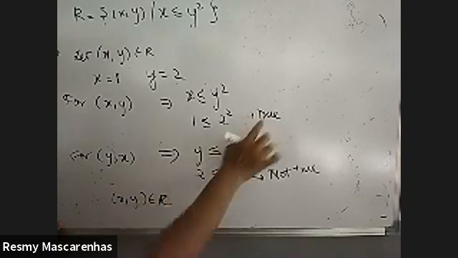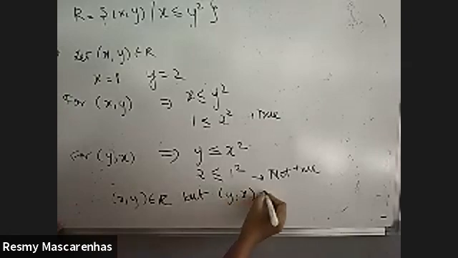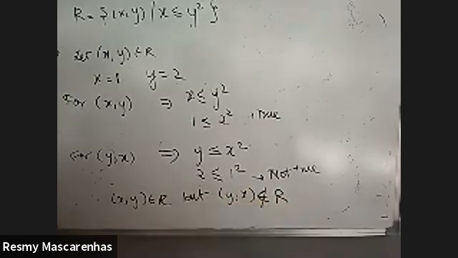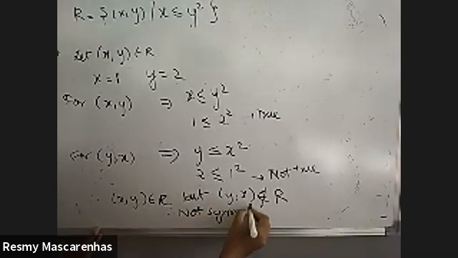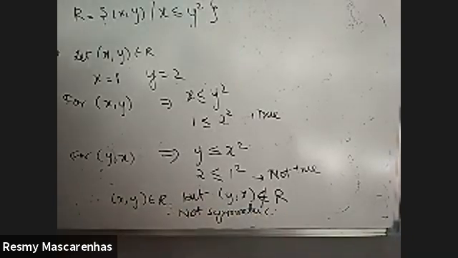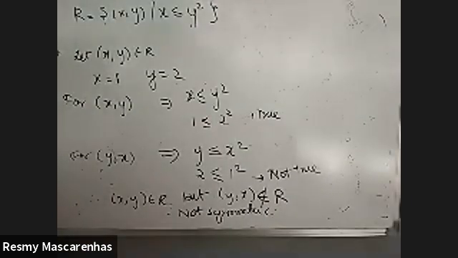X comma y is true, but y comma x is not true, is not belonging to R. Therefore, not symmetric. Any doubts in this?